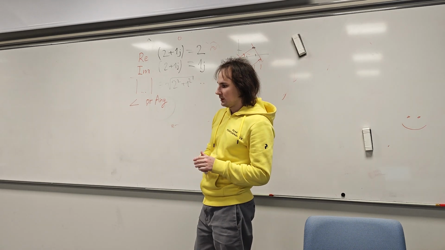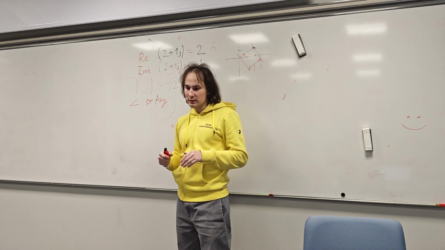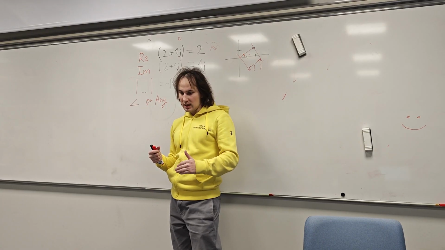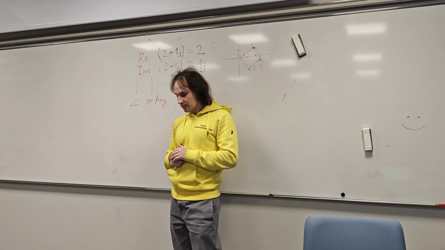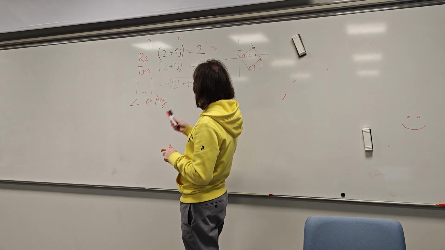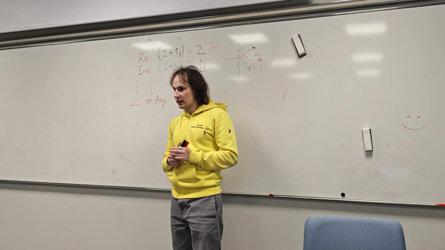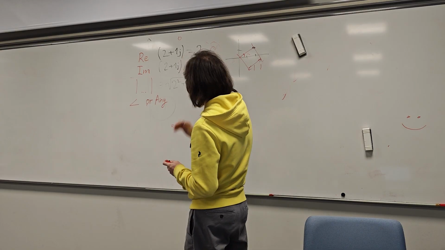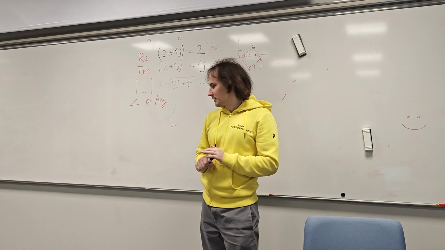Also we deal with sine waves or sinusoidal signals, which also have amplitude and phase shift. Because of that, a lot of things in electrical engineering are written in complex numbers, but not real numbers. That's all.